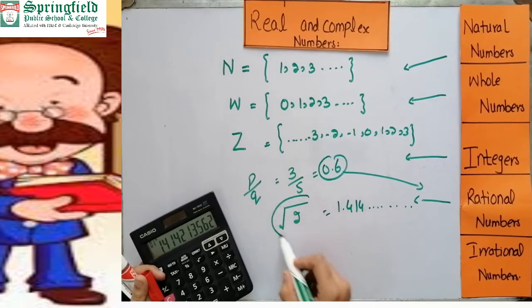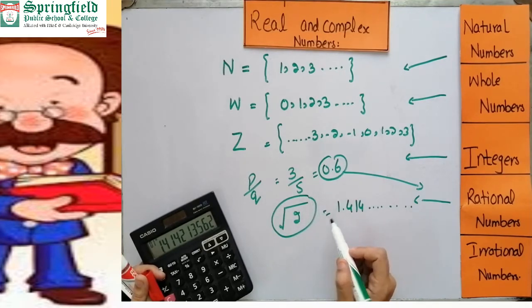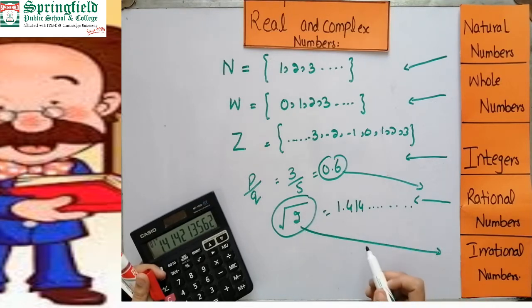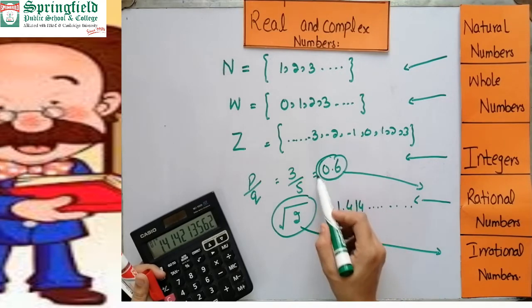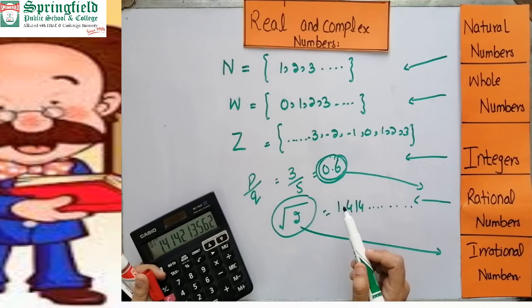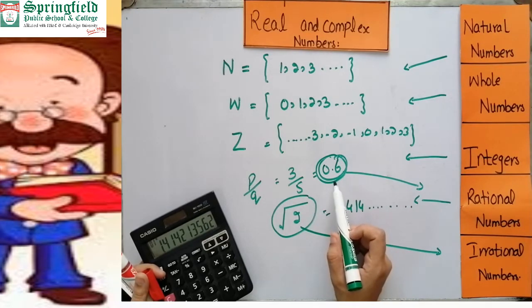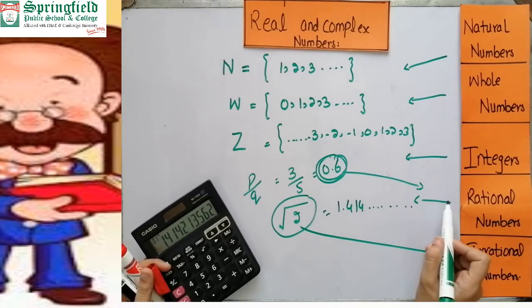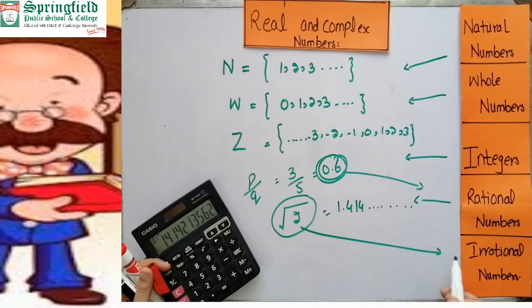So these types of values are called non-terminating. So under root 2 is called an irrational number, because we cannot find the exact answer for it. We cannot terminate this value. But 3 by 5 gives us an exact answer 0.6, or we can terminate it. So that's why 3 by 5 is called a rational number, and under root 2 is called an irrational number.